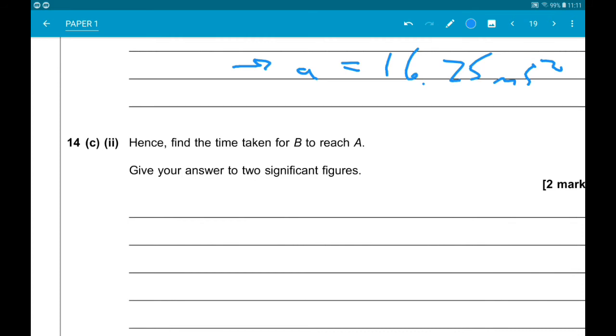Okay, so let's think about what we know. We know the distance between them, S, is 26. U is 0 because both particles start at rest. We don't know V, we know A is 16.25 and T is the guy we are looking for.